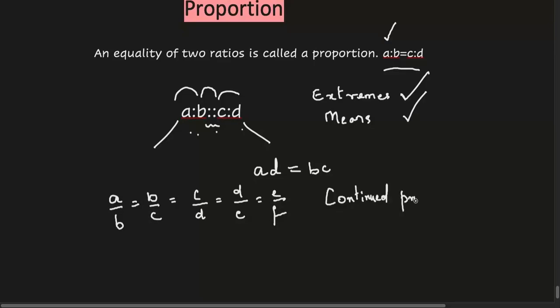Understood? We call it continued proportion. So this is one more important property of proportion.